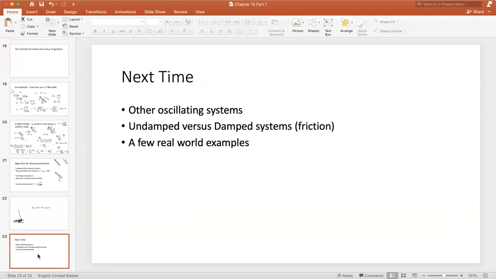And then we're going to see how we can turn a system of like a block sliding into things like, I once had a problem on an exam of a buoy out off Newport Beach going up and down with the tides throughout the day. So things like that, how you can turn these oscillation models into real world models. We're going to have a few of those, and we're going to talk about, like I said, friction.